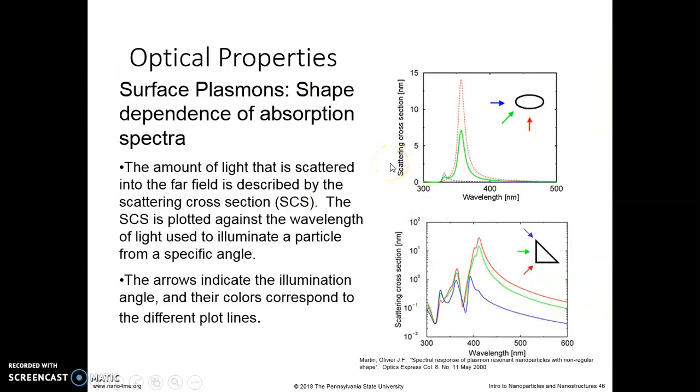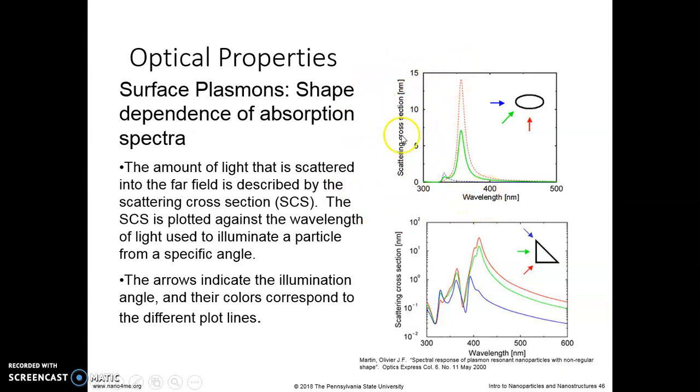In the optical properties, once again the surface phenomena explain the shape dependence of the absorption spectra. The amount of light that is scattered into the far field is described by the scattering cross section. The scattering cross section is plotted against the wavelength. Here you can see the scattering cross section is increasing depending upon the wavelength.